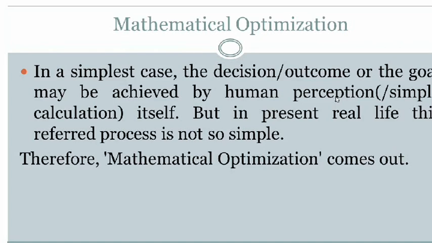But in present real life, the optimization process is not so simple. There may be so many constraints, and there may be a more complex objective function, etc. Therefore mathematical optimization comes out.